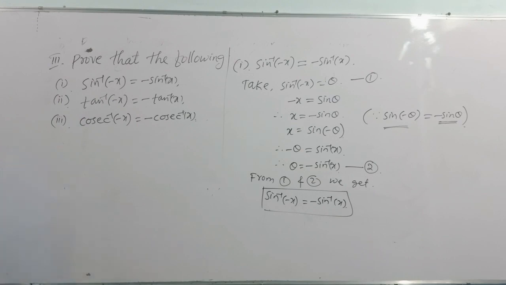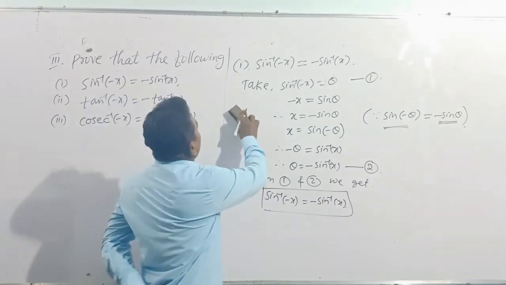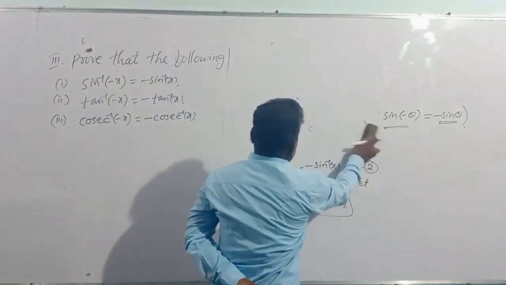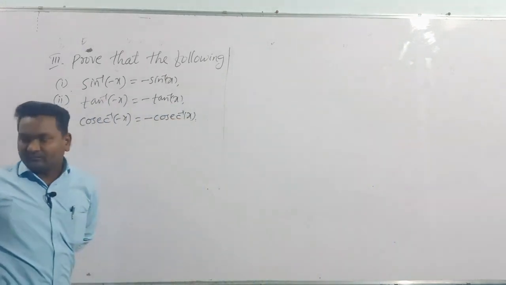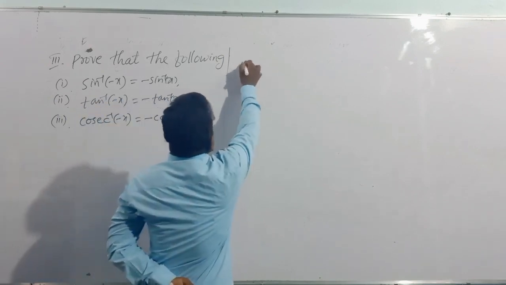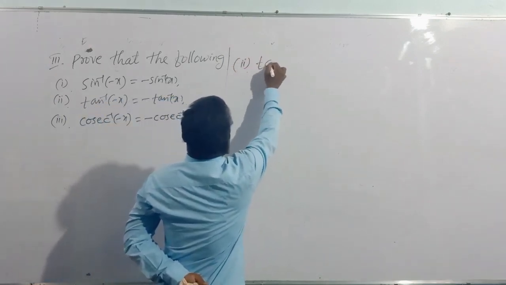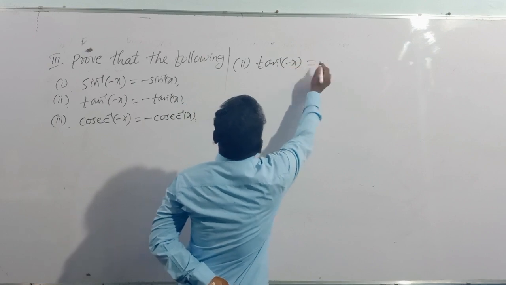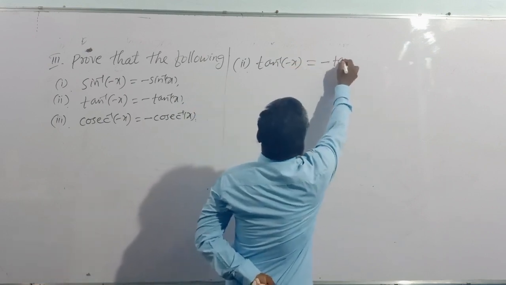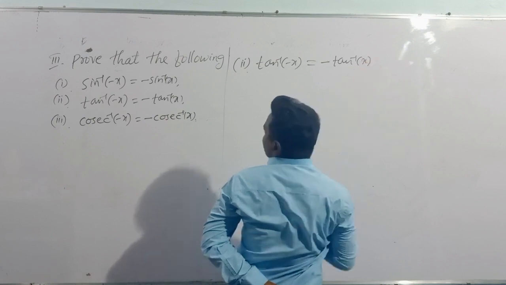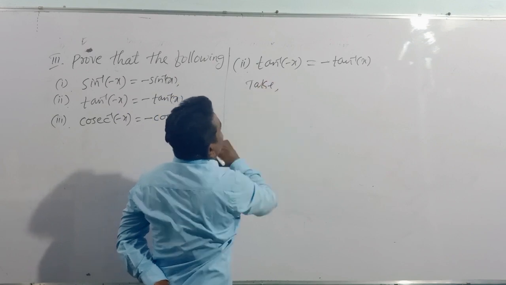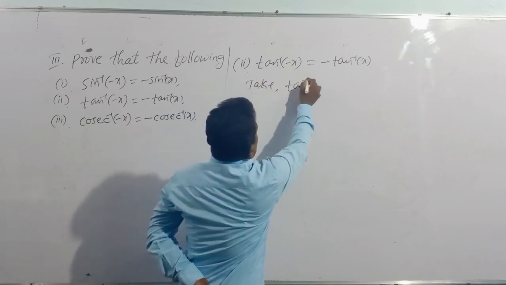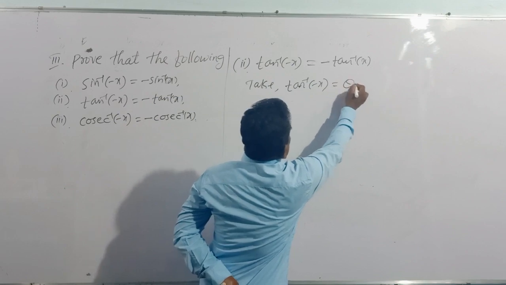Now the second one is tan inverse of minus x equals minus tan inverse x. Here also let tan inverse of minus x equal theta.